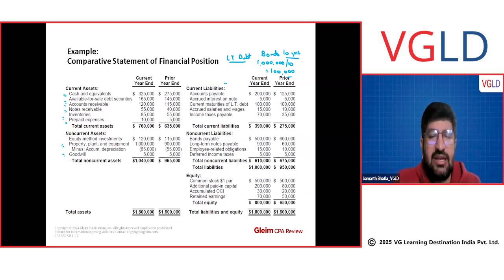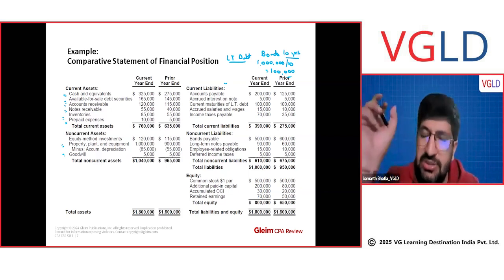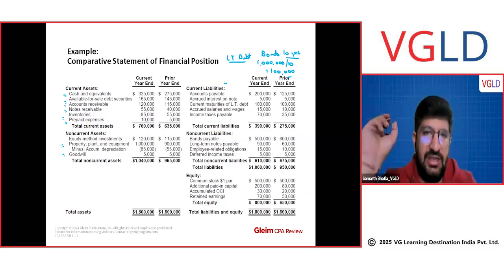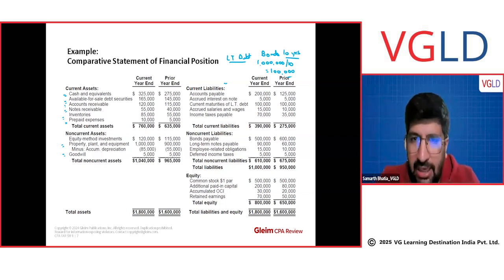Then we have accrued salaries and wages. It is the same as outstanding salaries and outstanding wages. You can see some account names will be different from the Indian accounting names. Debtors will become accounts receivable. Stock will become inventories. Fixed assets become PPE.